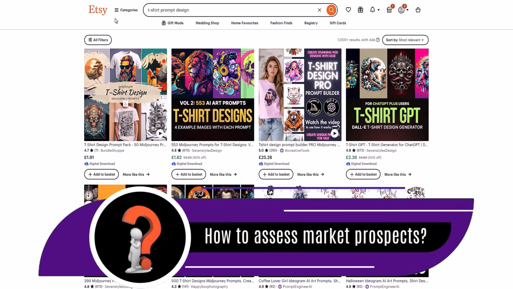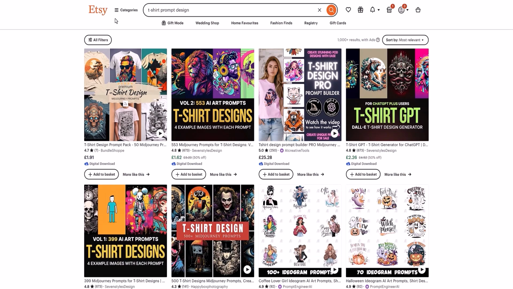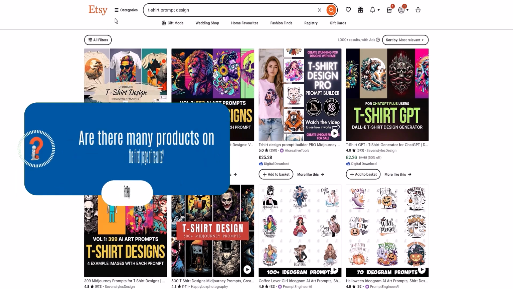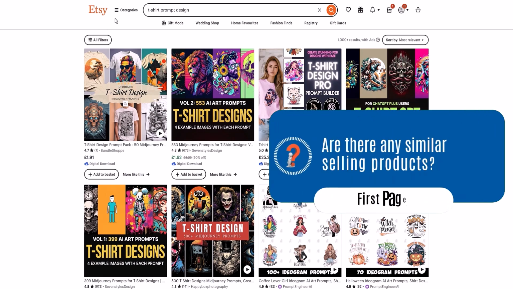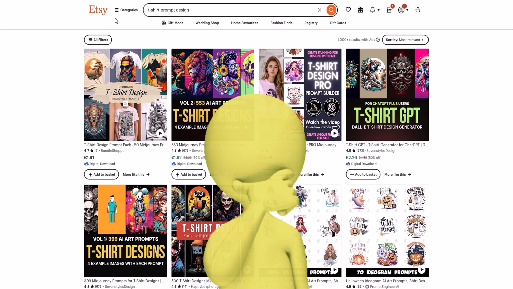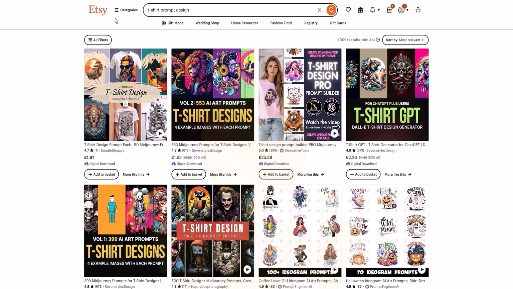How to assess market prospects. Answer a few questions. Are there many products on the first page of results? Are there any similar selling products? If such products exist, it's a good sign that your product can sell on Etsy. This means you can also offer your product to buyers. Let's take a look at the success of the seller who holds the top position in the list.